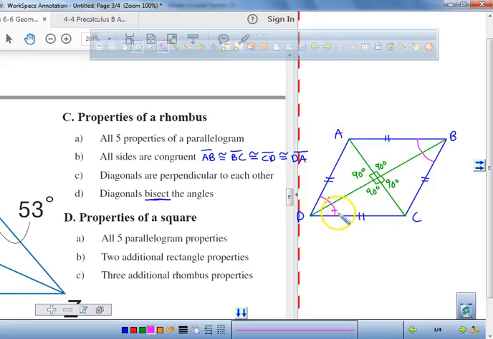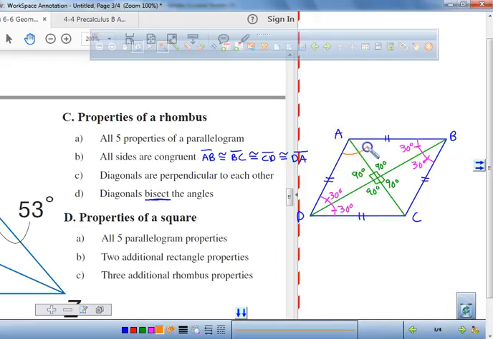This angle is equal to this angle. This angle right here is equal to this angle. So I'm going to give you a certain number of degrees. What if I told you this was 30 degrees? If this is 30 degrees, then this right here would also have to be 30. This would be 30, and this would also be 30.